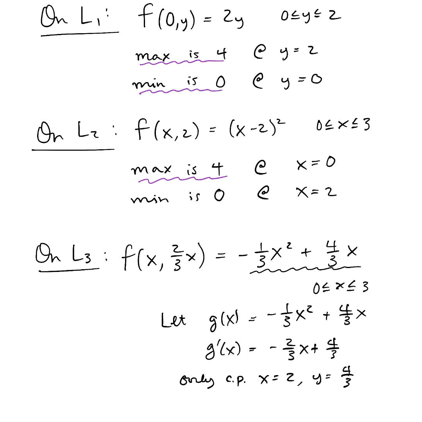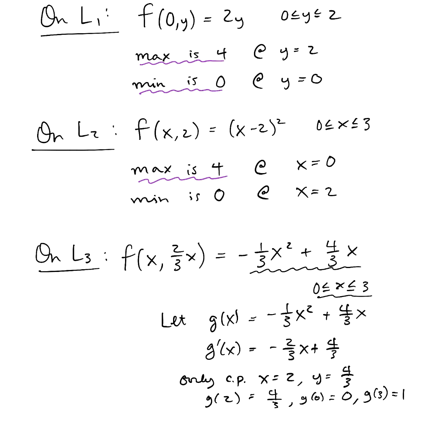At that point, g of 2, go ahead and plug that in. You get minus 4/3 plus 8/3, so positive 4/3. g at the far left of the interval from 0 to 3 is 0. And g at the far right of the interval is, what, minus 9/3 plus 12/3 is 3/3 is 1.